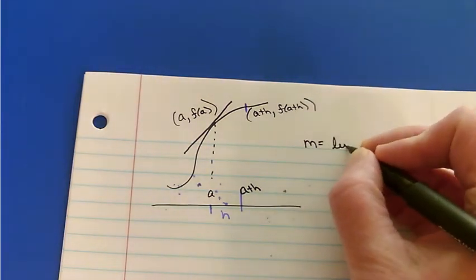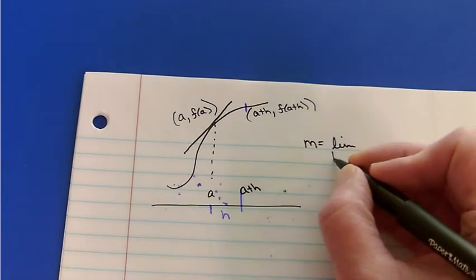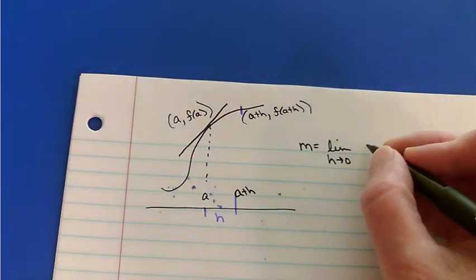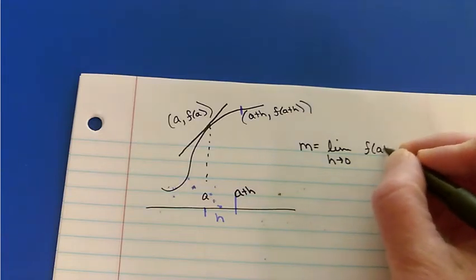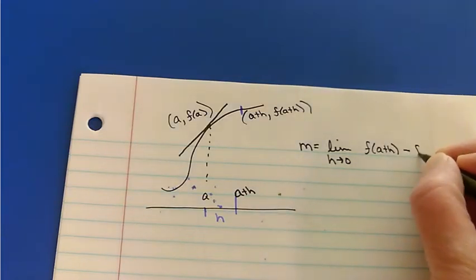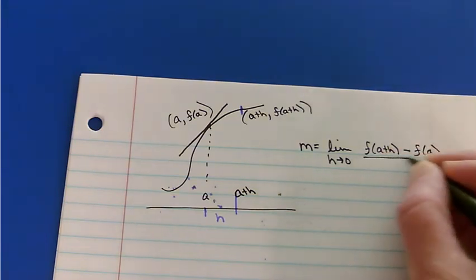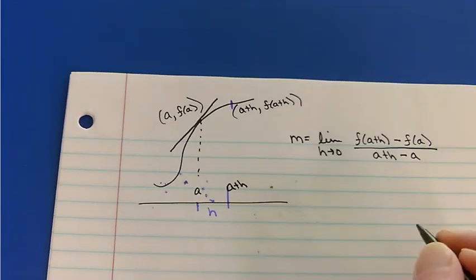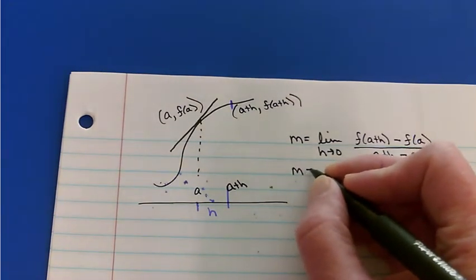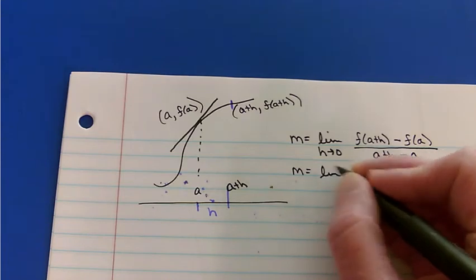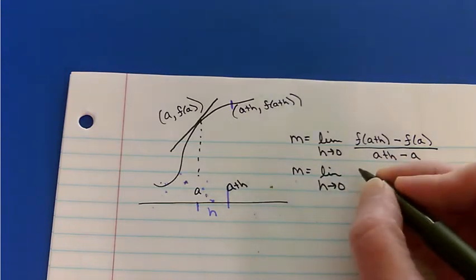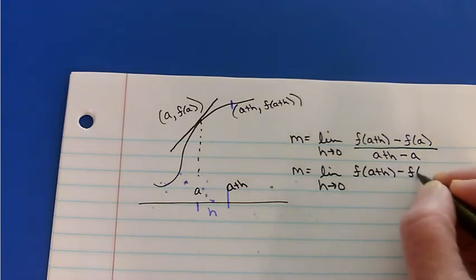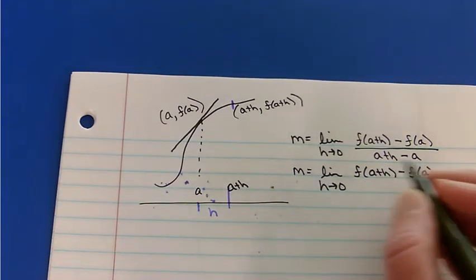So you'll see both of these notations. We're going to let the distance h go to 0. And so we would have f of A plus h minus f of A over A plus h minus A. Now the beauty of this one is that this denominator simplifies.